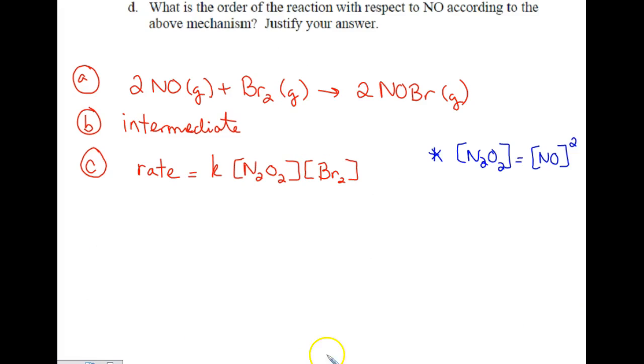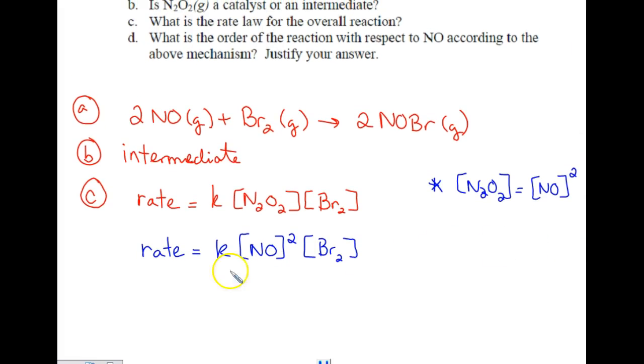So that's really all we have to do is plug that in. So now we have an overall rate law, because since that was an equilibrium step, we could set those things equal to each other and then plug it back in.